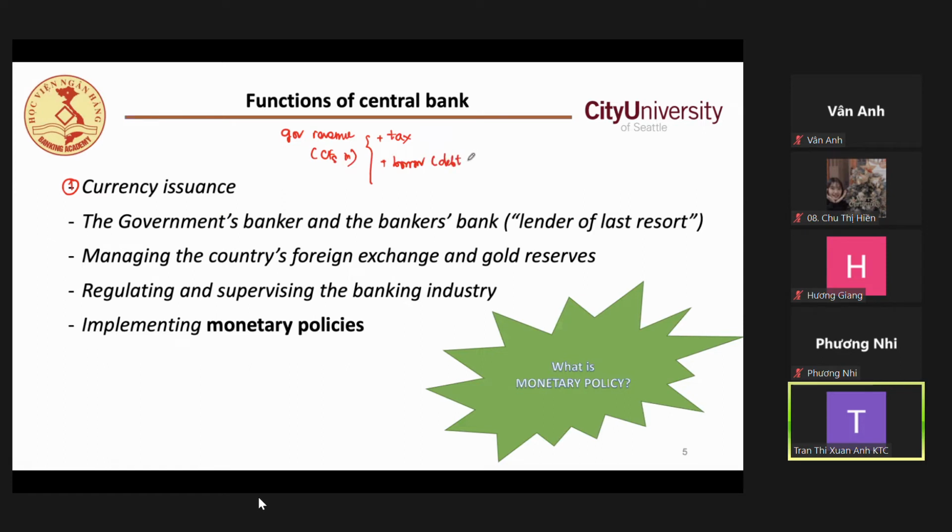They can borrow from foreign financial institutions, let's say from the IMF, ADB or World Bank, or they can borrow by issuing bonds, or in detail, the government could issue T-bills, T-notes, or T-bonds to raise money. And one important thing here is issuing currency.